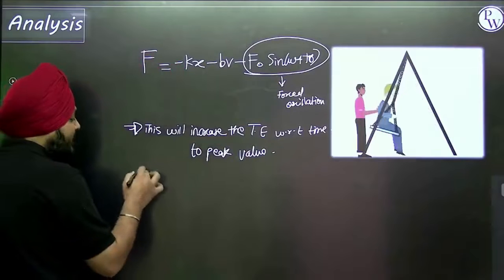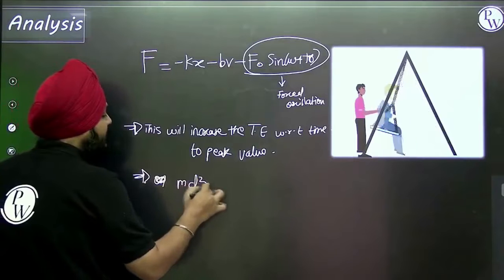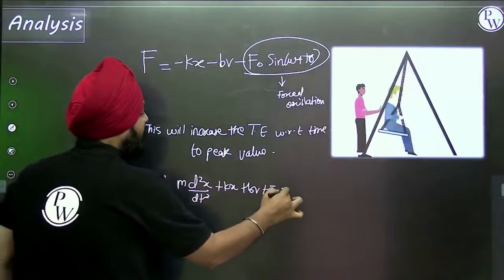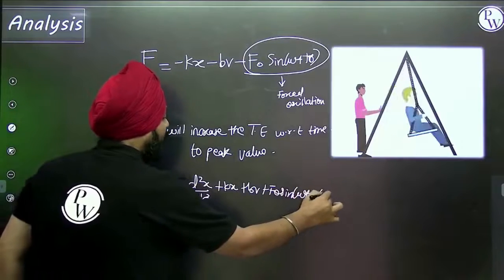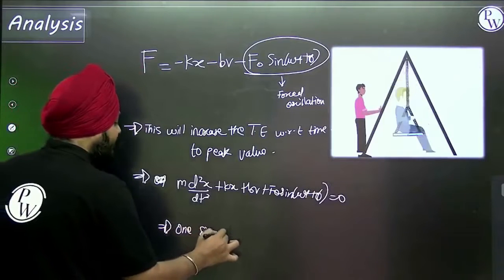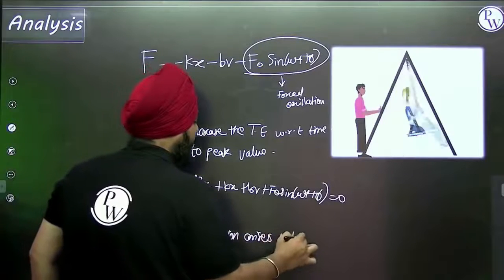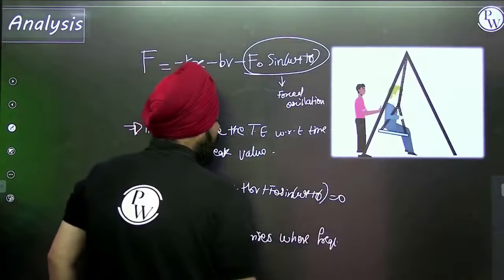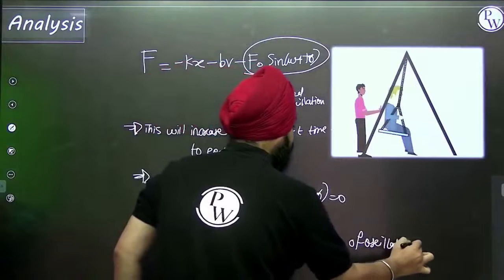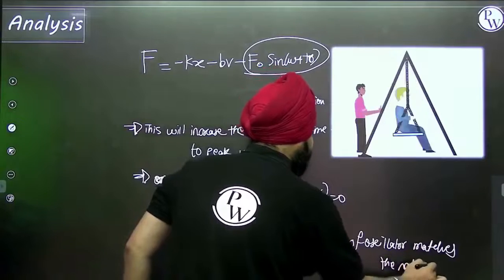In that case, one situation arises. First of all, I am going to write down the differential equation: m d square x by dt square plus kx plus bv plus F0 sine of omega t plus phi. Now on applying an external force, one situation arises where the frequency of the oscillator matches the natural frequency.